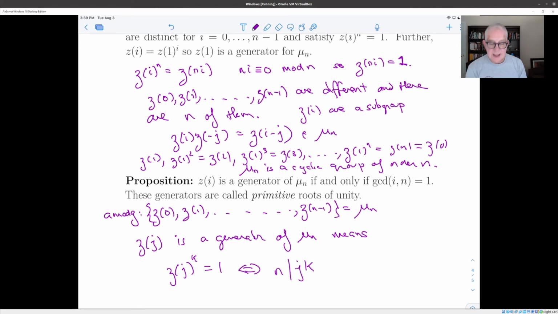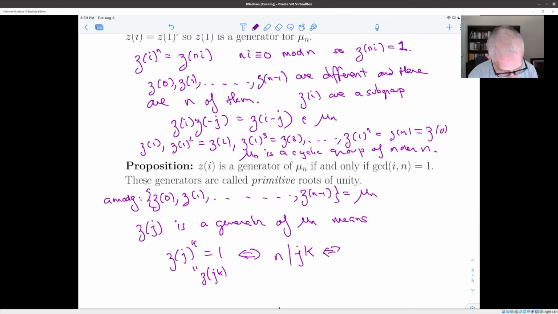Remember, we know that this is equal to z of jk, and that's equal to 1 only if n divides jk. And n divides jk if and only if n over d divides k, where d is the greatest common divisor of n and j.